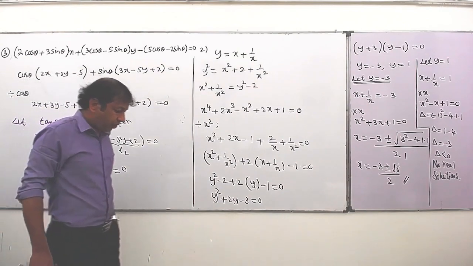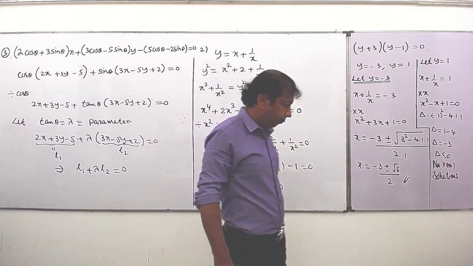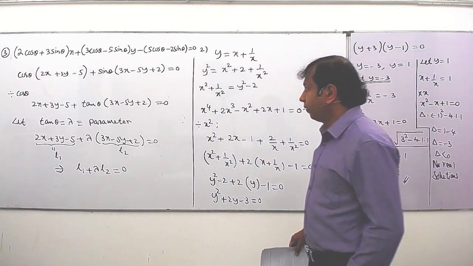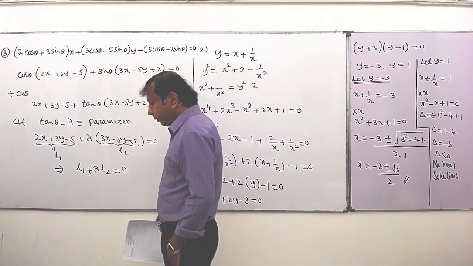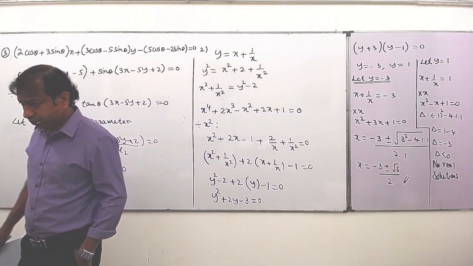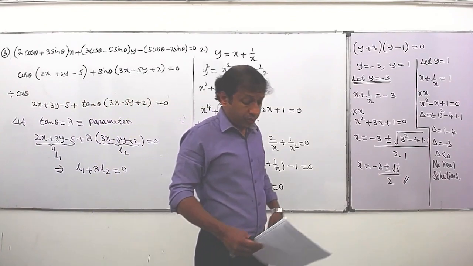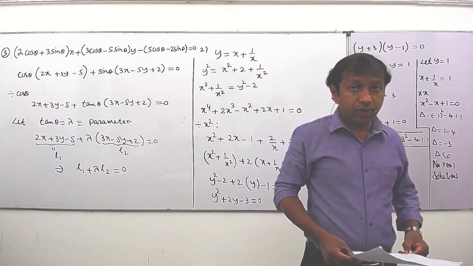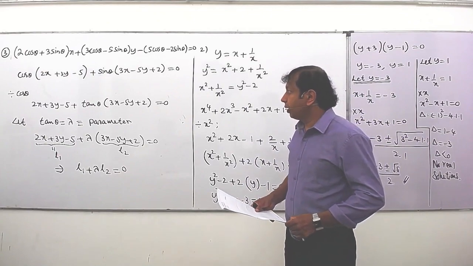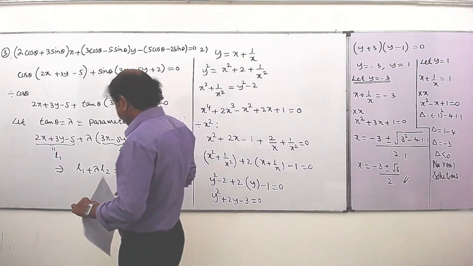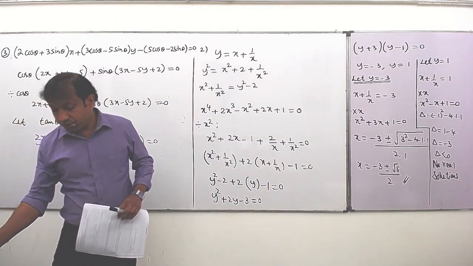Since the point of intersection of these two lines is a fixed point, the given straight line passes through a fixed point.